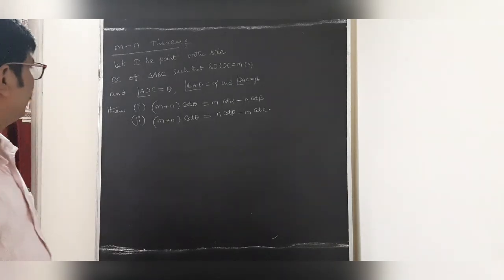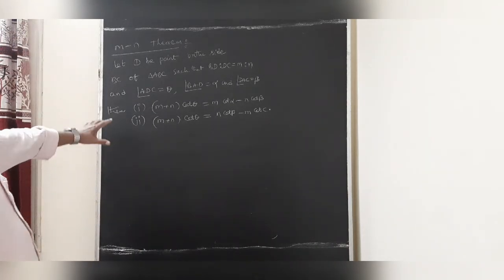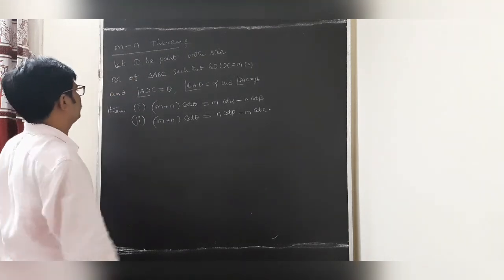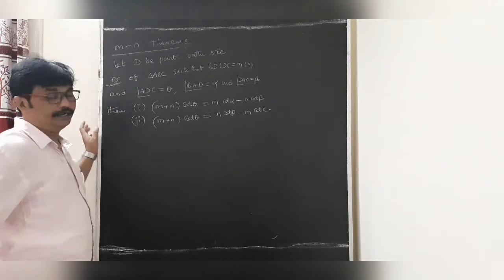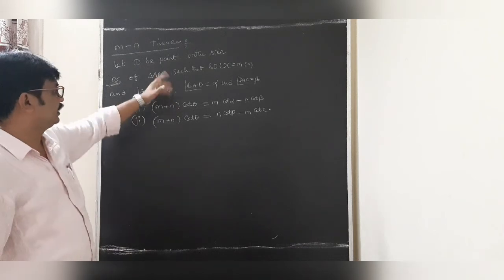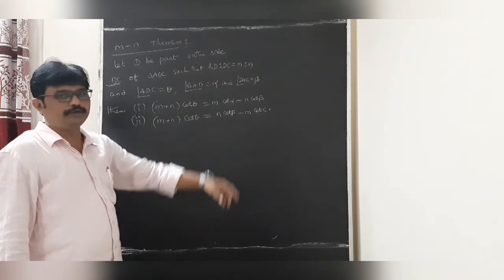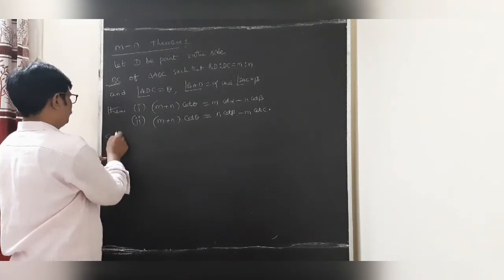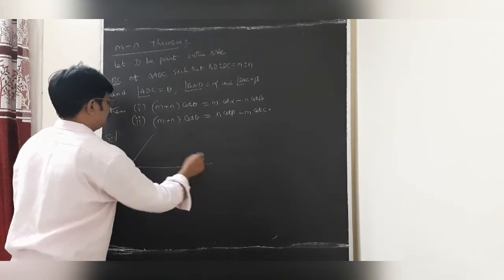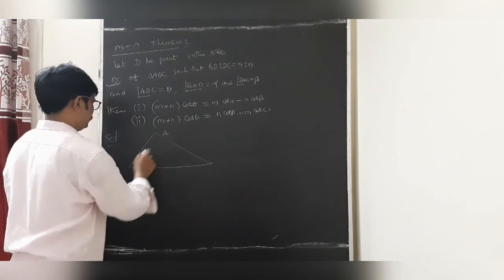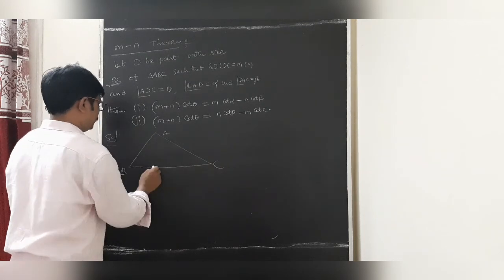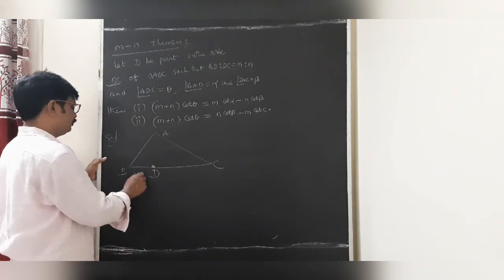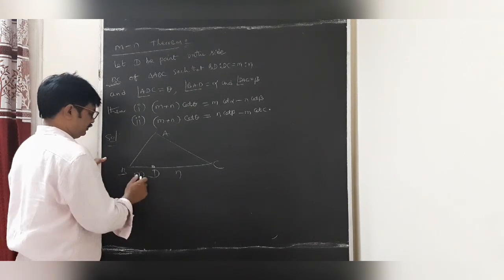So, dear students, now the m-n theorem. Here, D is a point on the side BC of the triangle ABC, and BD to DC is m to n. So, dear students, first we take triangle ABC. D is a point on the side BC in the ratio m to n.